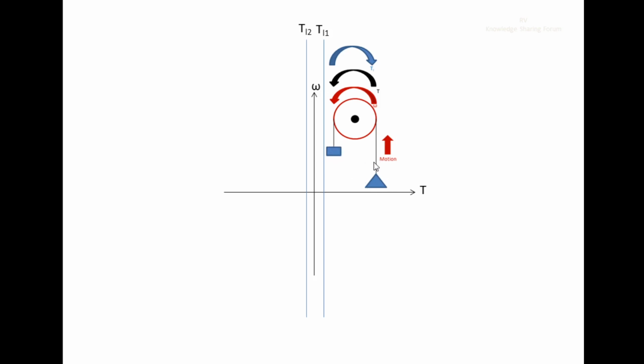Therefore, the maximum weight is in this direction, that means in the clockwise direction. The load torque here, T suffix L, in this blue color, represents the load torque. Therefore, the direction of the load torque will be in the clockwise direction, because the weight of the loaded cage is greater than the weight of the counterweight. Always the load torque direction will be in the direction of the maximum weight side.